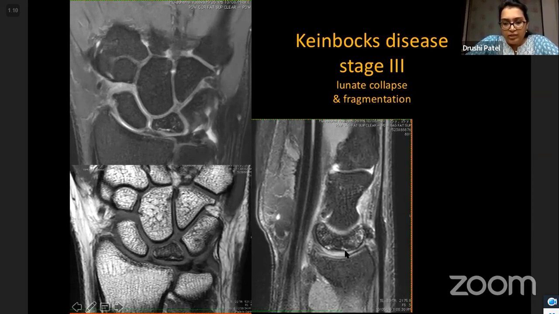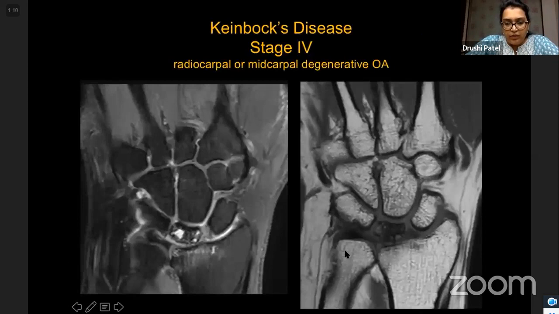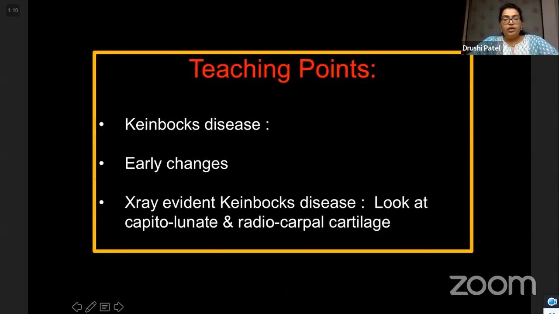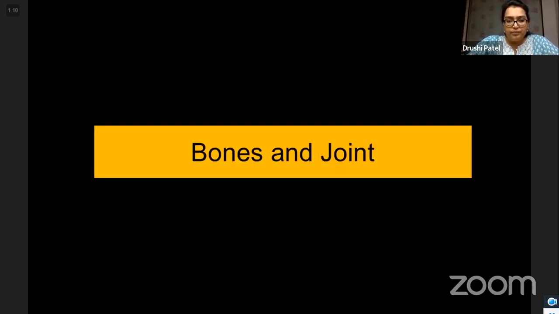Then the cartilage changes start coming in. That is stage 4, where the changes are seen at the level of the radiolunate joint and the capitolunate joint. So for Kienbock, it's important to comment on the level of lunate collapse, one, and two, to comment on the cartilage, the capitolunate and the radiocarpal cartilage.